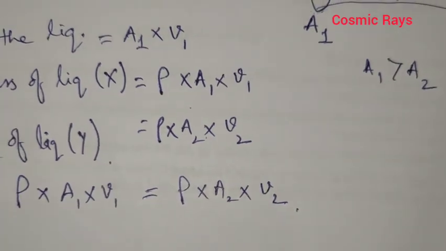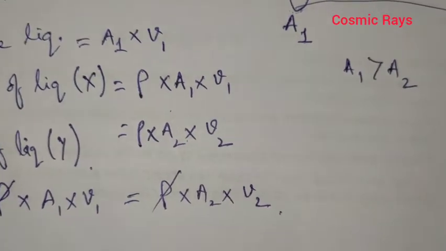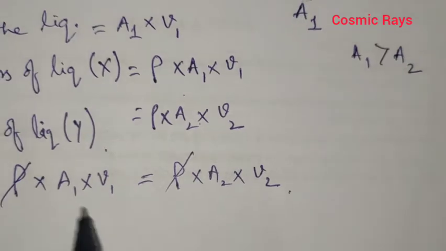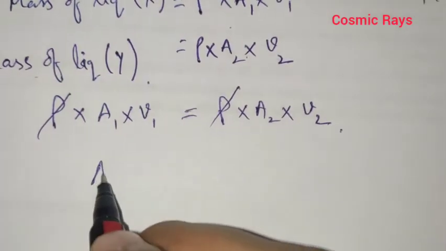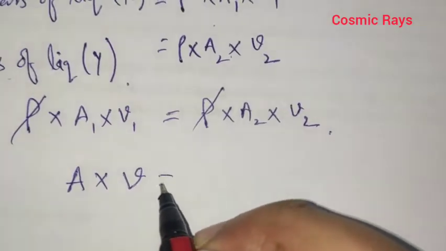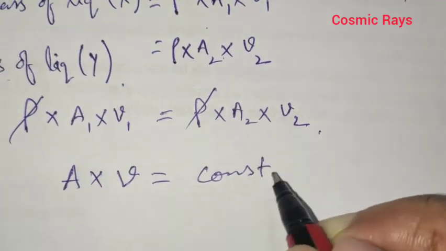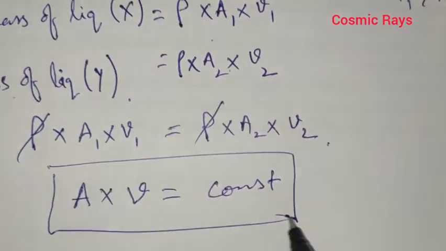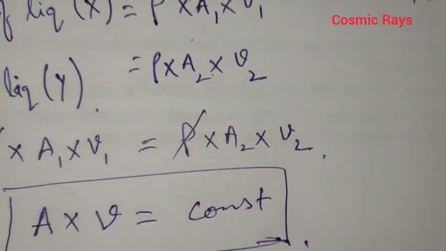If that is the case, rho and rho can be cancelled out, and this equation can be rewritten as a multiplied by v, that is area multiplied by the velocity, is a constant. And this is what is known as the principle of continuity.